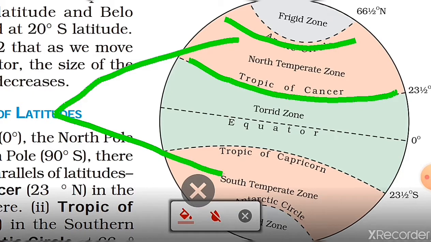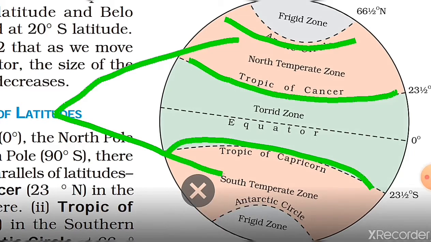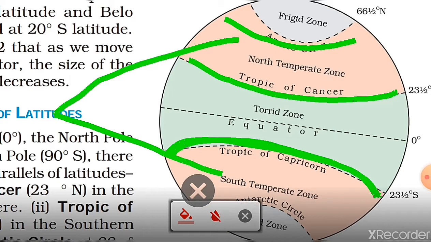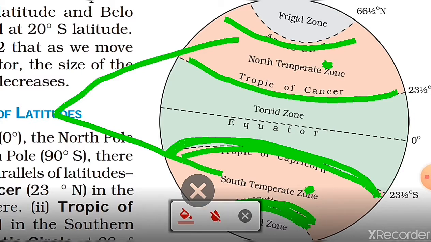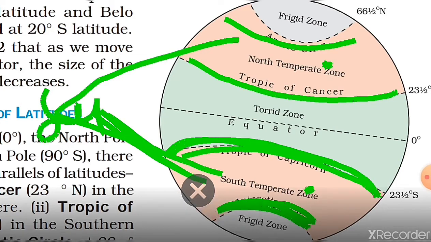And the second one you will find in the southern hemisphere, between the Tropic of Capricorn and the Antarctic Circle. You will find it easily here. Okay, there is a temperate zone, because these two areas are slanted areas where the sunlight effect will fall.